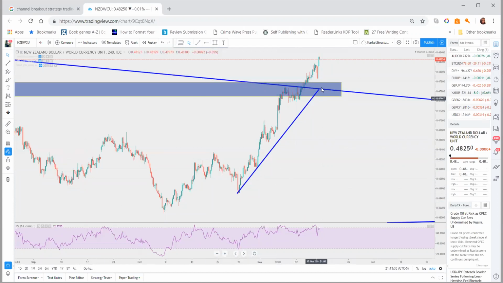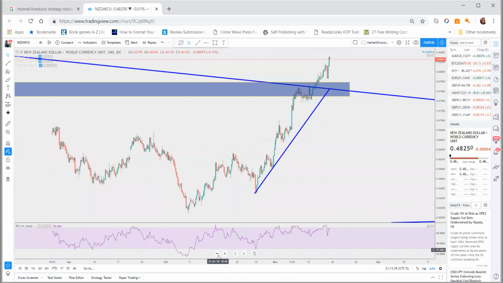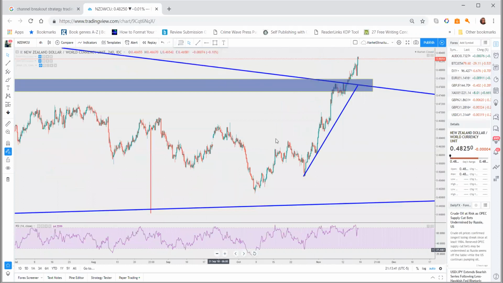And we see it's making an ascending channel here. So this currency should be correcting really soon. It's been a while since it corrected. It has pushed up 278 pips by itself. But if you measure it from the bottom, all the way from the bottom here, 317 pips.